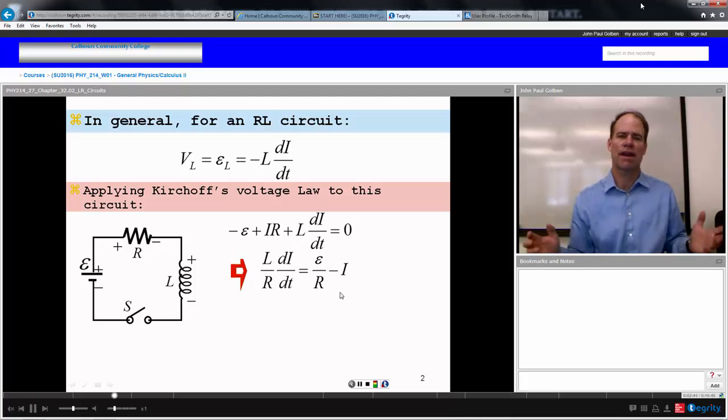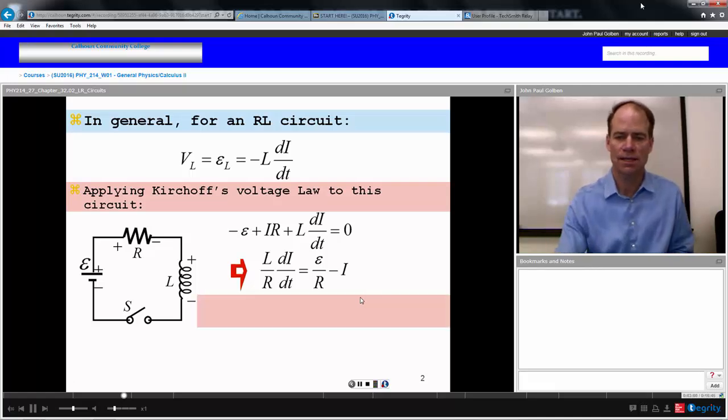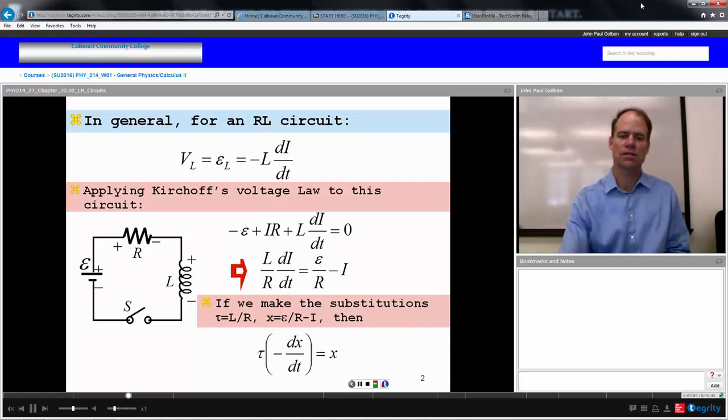We're just going to call that X. It's a constant minus a variable, and so X is going to be equal to that. And so the derivative of X is actually going to be equal to negative di dt. So now our equation looks like this. Tau times negative dx dt equals X.